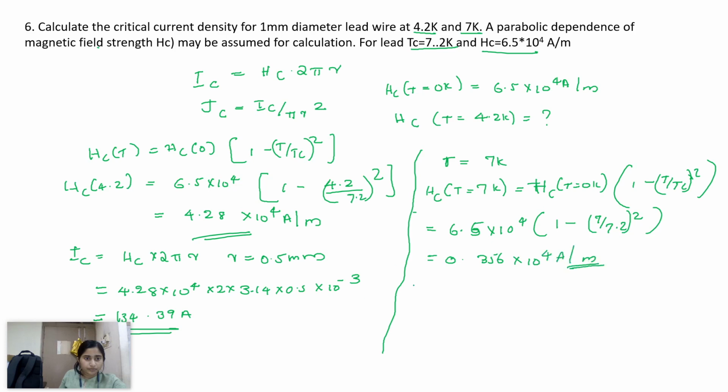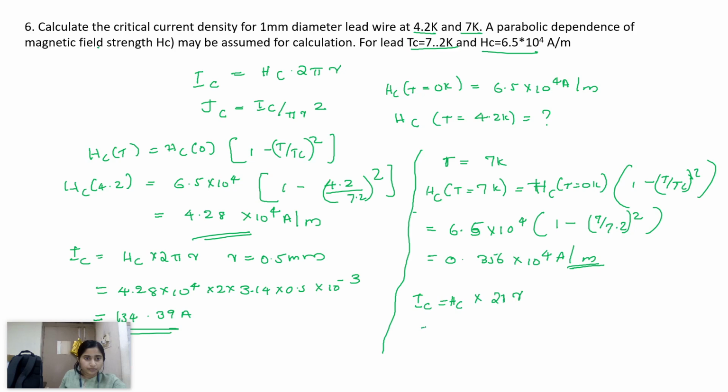Once you got the H value, substitute it for Ic. It will be Hc times 2 pi r.